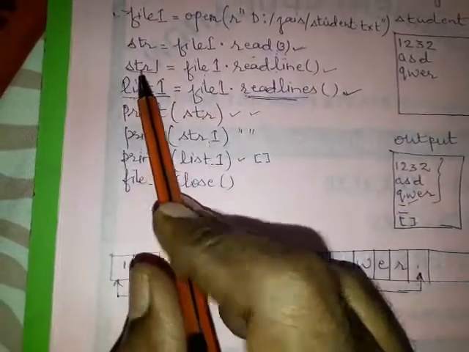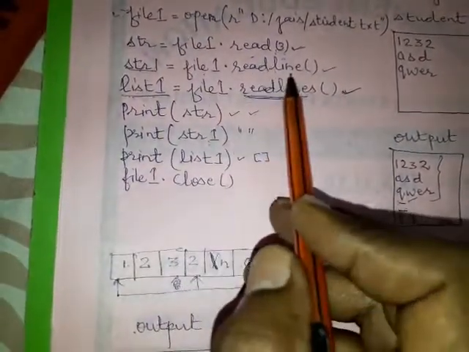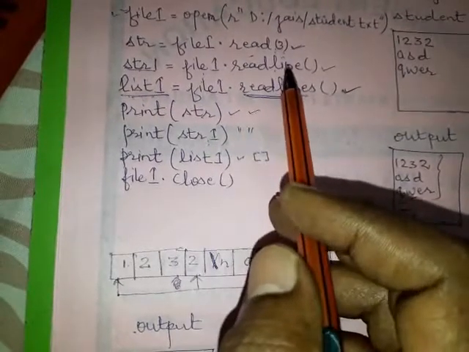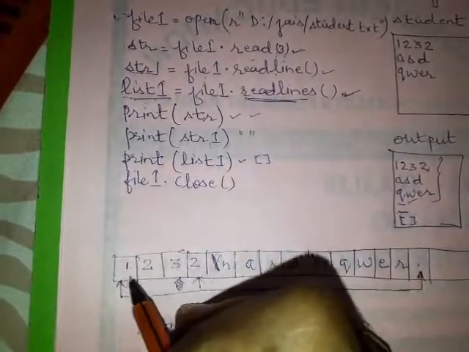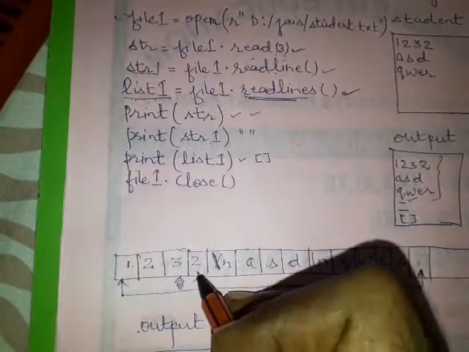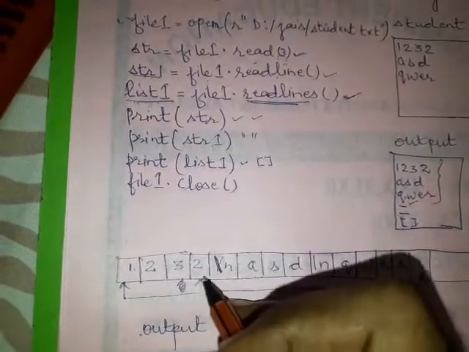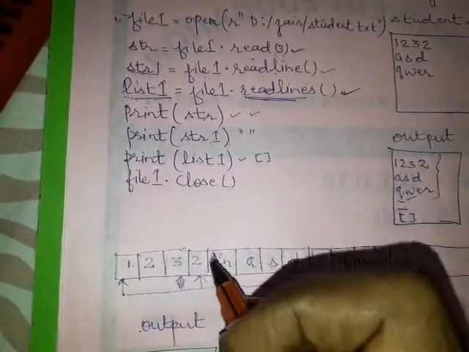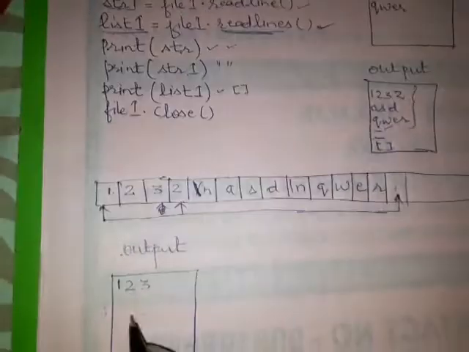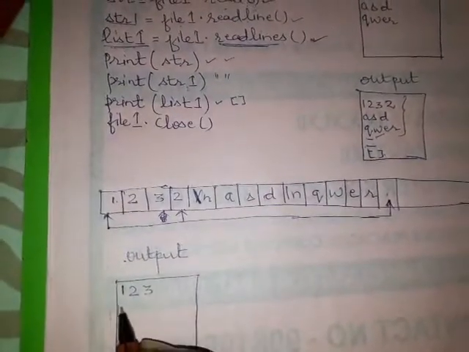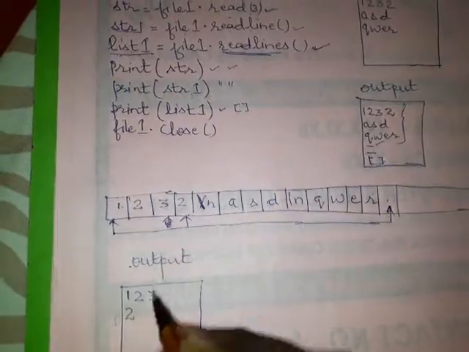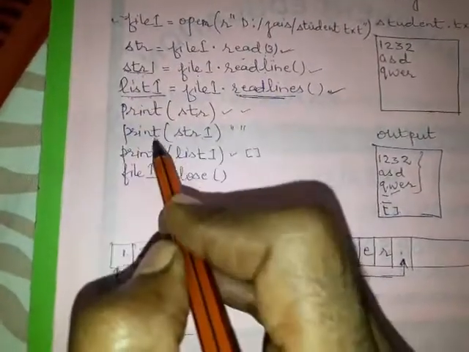Now in this str1, file 1 read line. This read line will read a single line. After reading this, the file pointer is here, so it will read only 2. It will not read only 2 because 2 is in the line. So this will go to the new line, and this 2 will be printed here by this str1 when you run this.